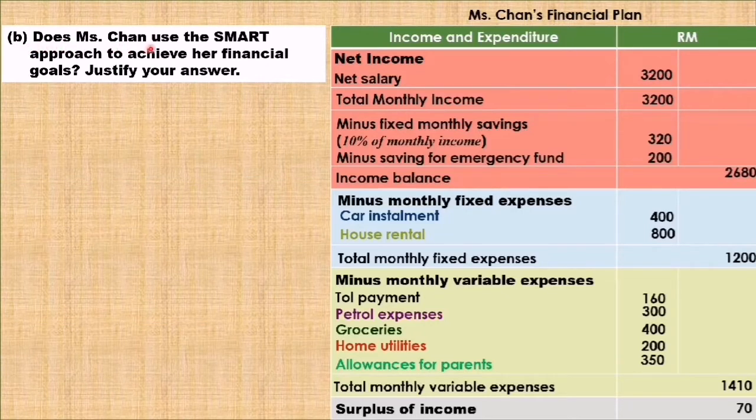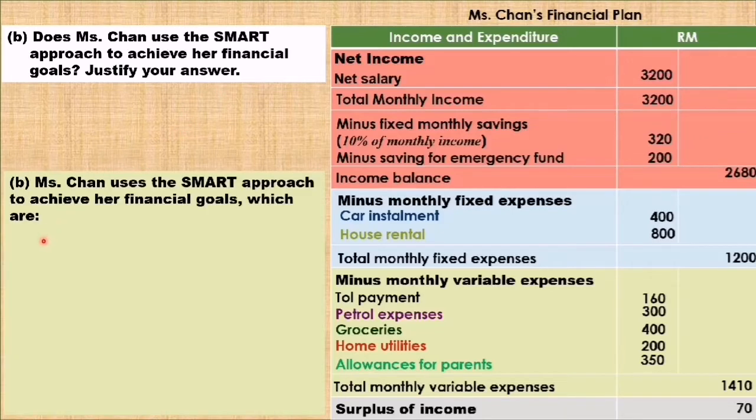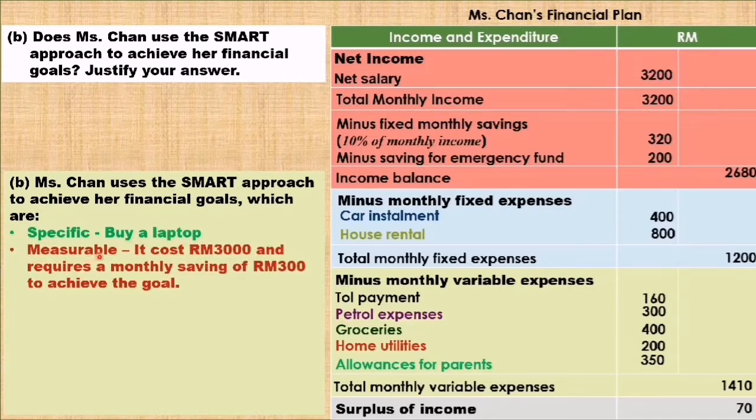B. Does Miss Tan use the SMART approach to achieve her financial goals? Justify your answer. Still remember what SMART is? Specific, buy a laptop. Measurable, it costs 3,000 and requires a monthly saving of 300 to achieve the goal.